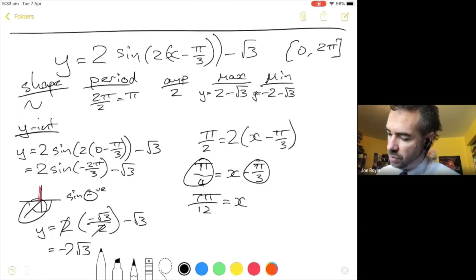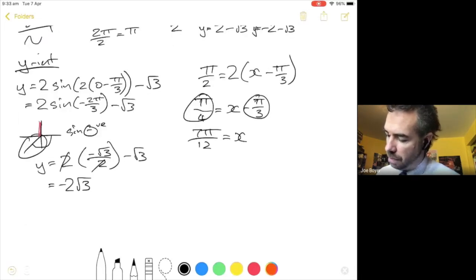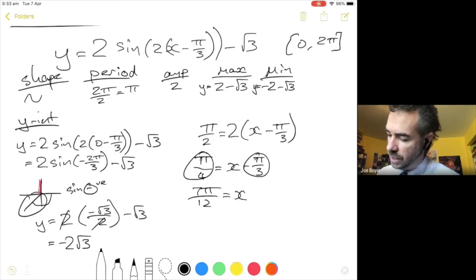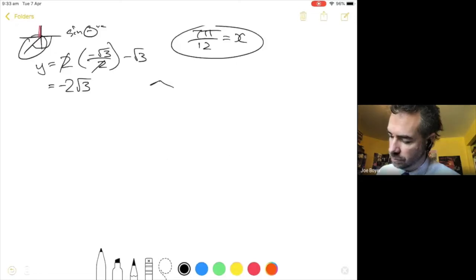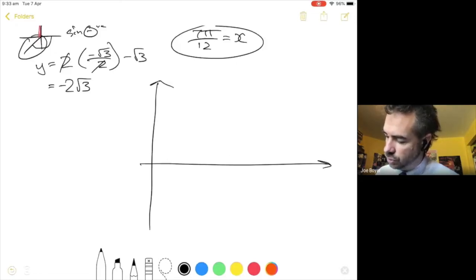It's 7 pi on 12, and then I also know that it's going to be that plus a period each way. So I can start sketching something now. I'm going to put 2 pi there and pi there, pi on 2, 3 pi on 2.